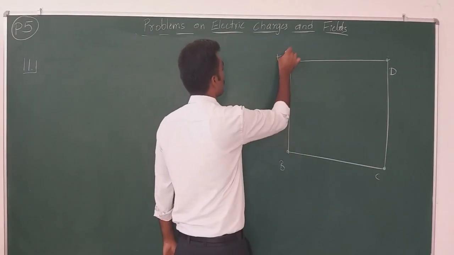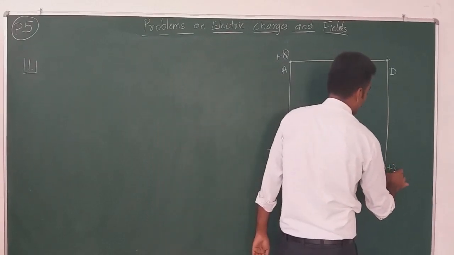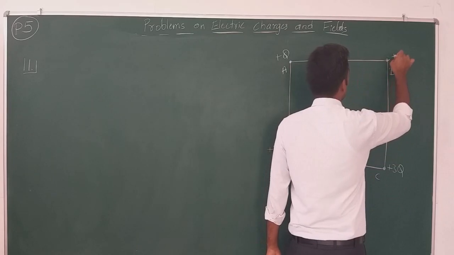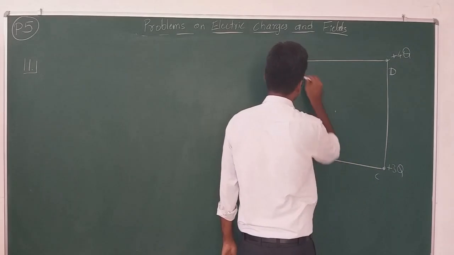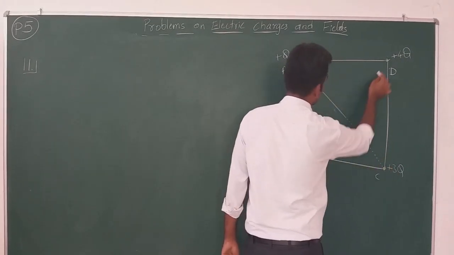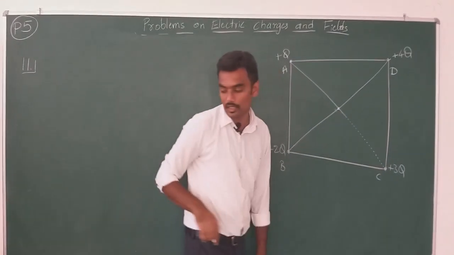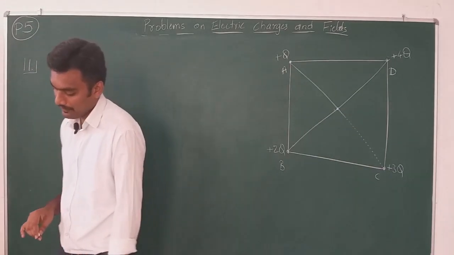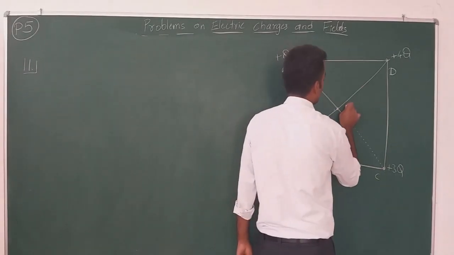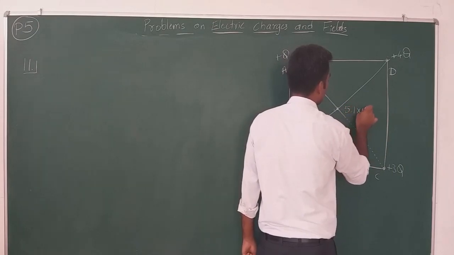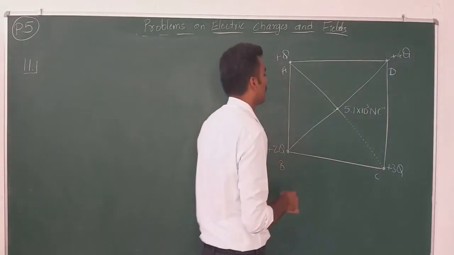It's plus Q, plus 2Q, plus 3Q, plus 4Q. And the net electric field at the center of the square is given. The net electric field at the center of the square is 5.1 into 10 to the power of 3 Newton per Coulomb. This is the net electric field.